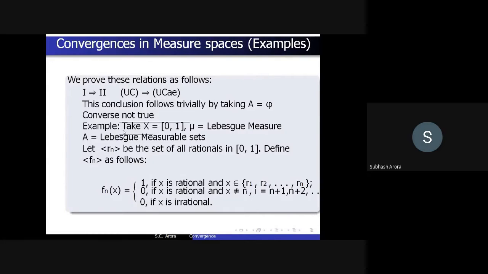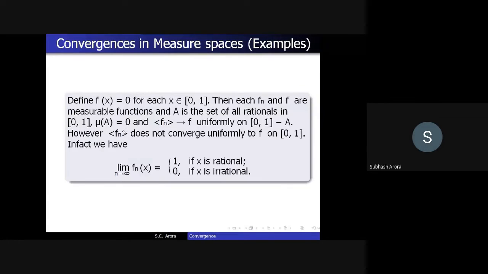Define Fn as follows: Fn x is equal to 1 if x belongs to R1, R2, ..., Rn, and 0 otherwise, defined on the interval 0, 1. See, Fn is defined like that.